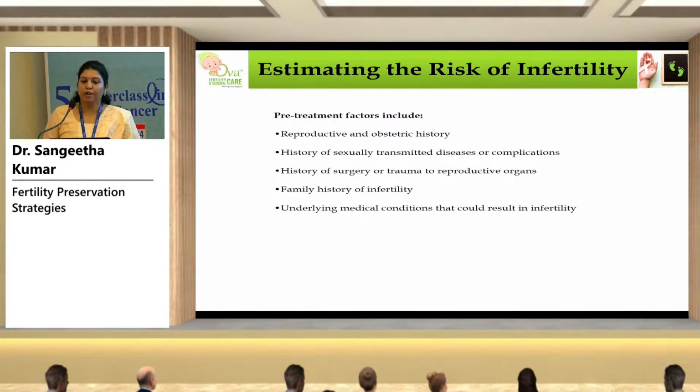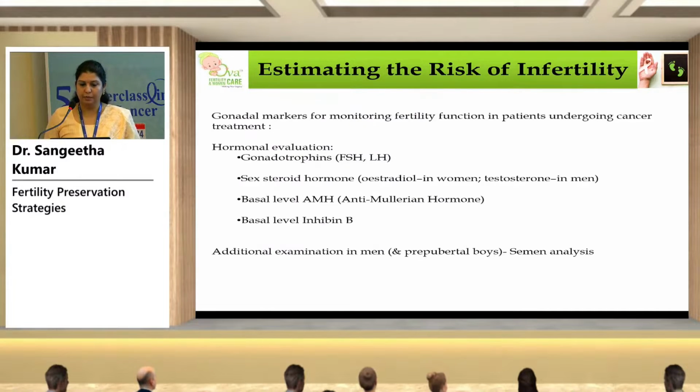So pre-treatment factors include reproductive and obstetric history, history of sexually transmitted diseases, history of surgery or trauma to reproductive organs, family history of infertility, and underlying medical conditions that could result in infertility.